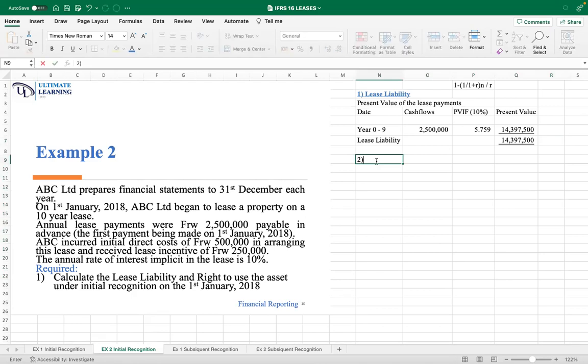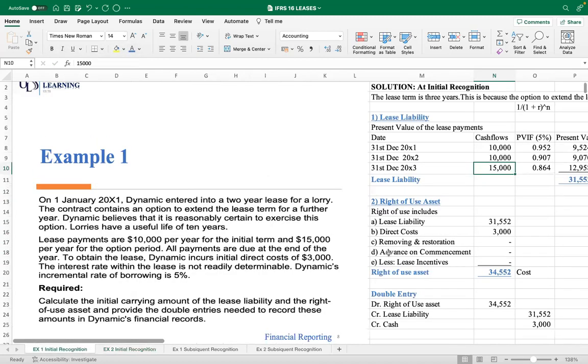Number two, we need to find, I've taken a lot of time there, the right to use the asset. So what is the right to use the asset? In our right to use, let me copy and paste what we had here.